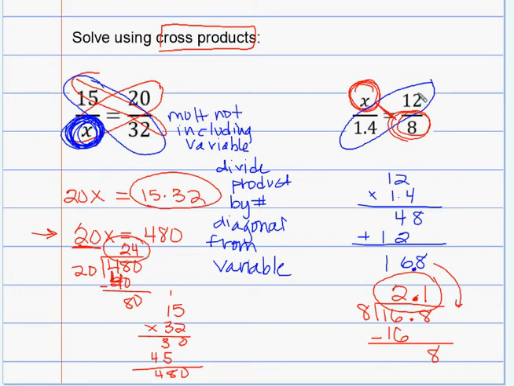Now over here, the numerator is bigger than our denominator, right? 12 is bigger than 8, so whatever we get for x needs to be larger than 1.4, and 2.1 is. Okay, so this is big, small, and that has to stay the same the whole time. And this one was big, or small, and big. Okay, that's one other way that you can look at it and see if your answer makes sense.